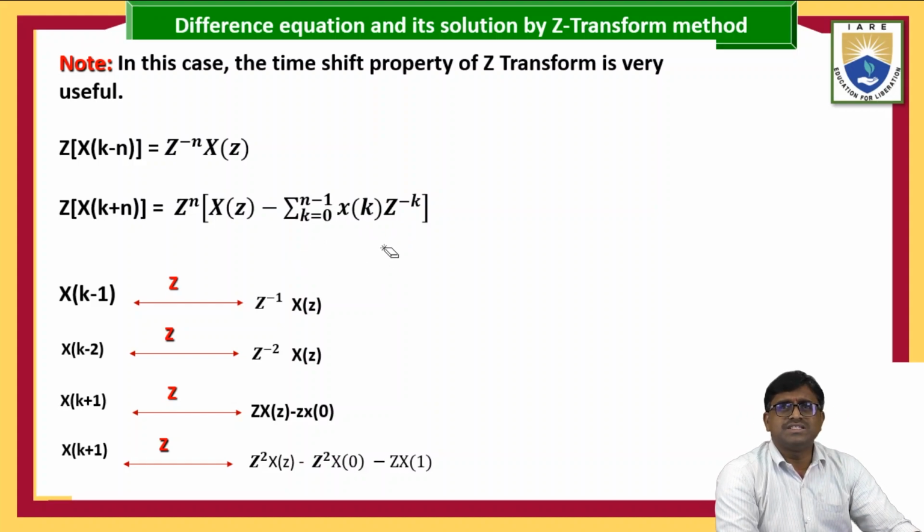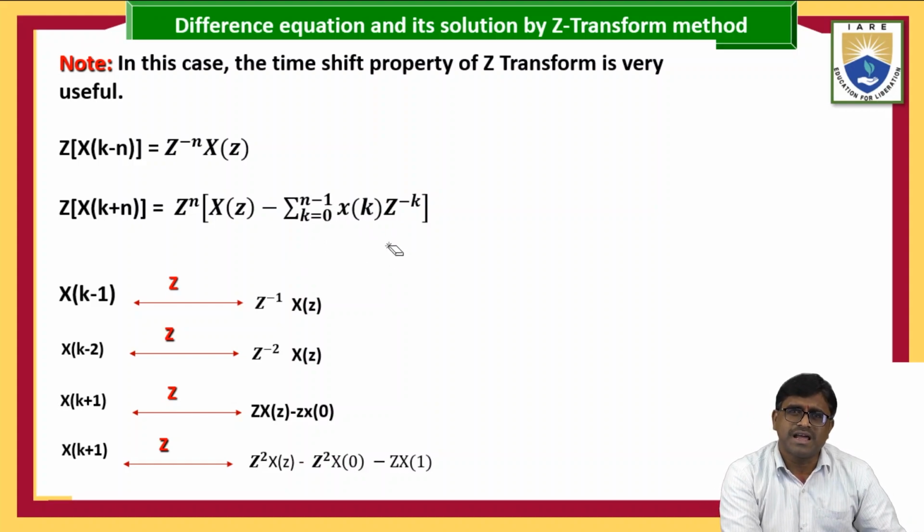So this is the shifting property. We know this already from previous classes, in the Z-transform theorems. That's why once again I am recalling this one.